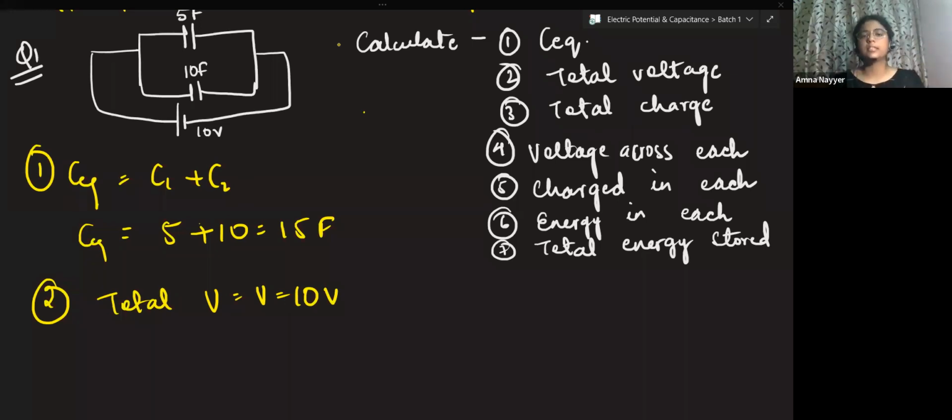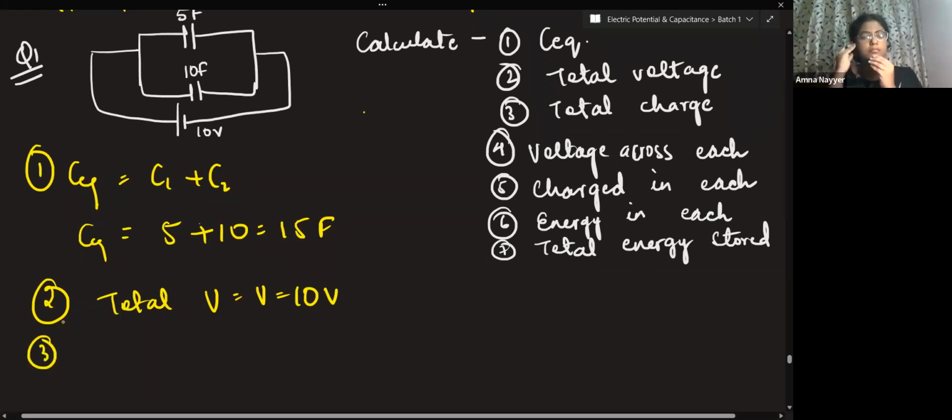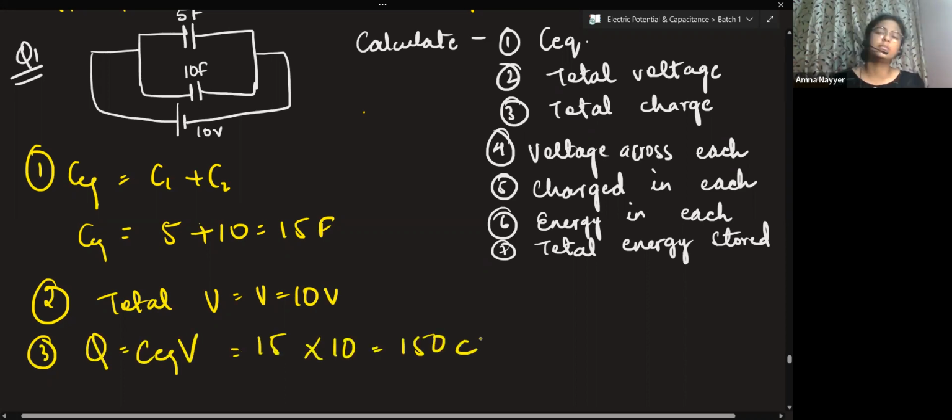Hania, second part is correct. It will be 10 volt. Now, charge across each means what? Total charge, not charge across each. Total charge means total capacitance, C equivalent multiplied by total potential. C equivalent is 15, potential is 10. That gives you 150 coulomb.